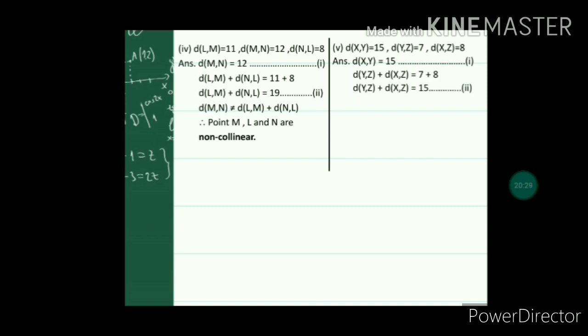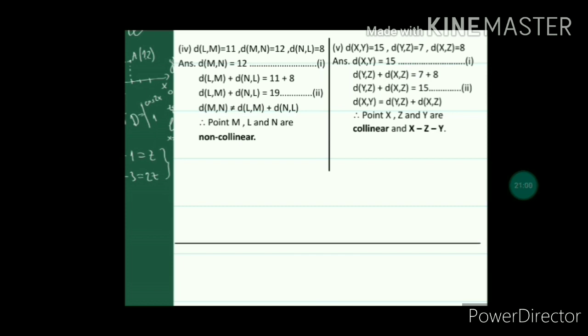Therefore, distance of YZ plus distance of XZ is equal to 15. Therefore, distance of XY is equal to distance of YZ plus distance of XZ. Therefore, points X, Z and Y are collinear and written as X-Z-Y.